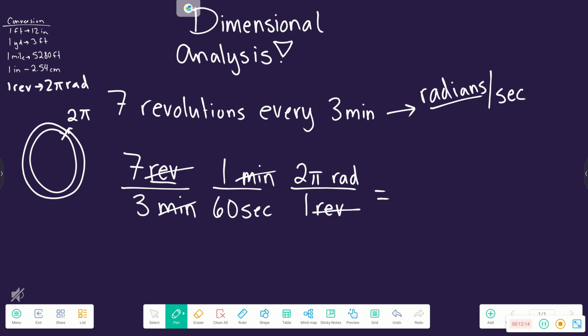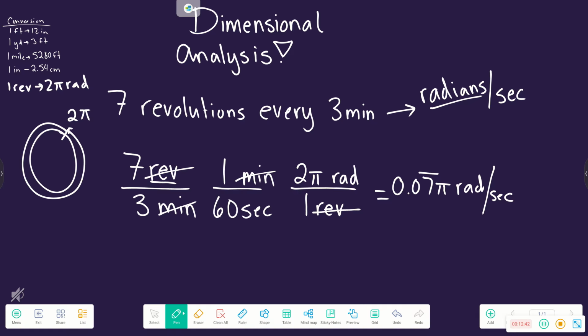And we are going to put it into our handy dandy calculator. 7 times 2 divided by 3 divided by 60. We have 0.07 repeating pi radians per second. Okay.